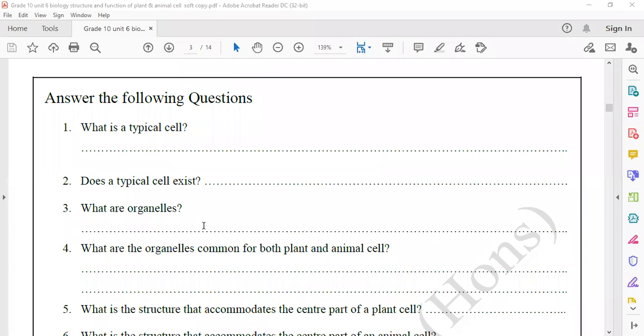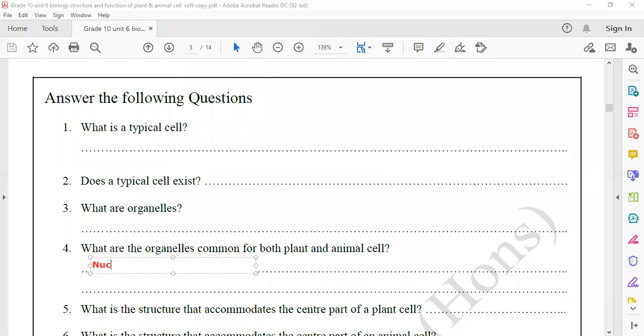Question number 4 is, what are the organelles common for both plant and animal cells? Because last class I have already introduced you the organelles. I'm straightly writing the points here, my children.